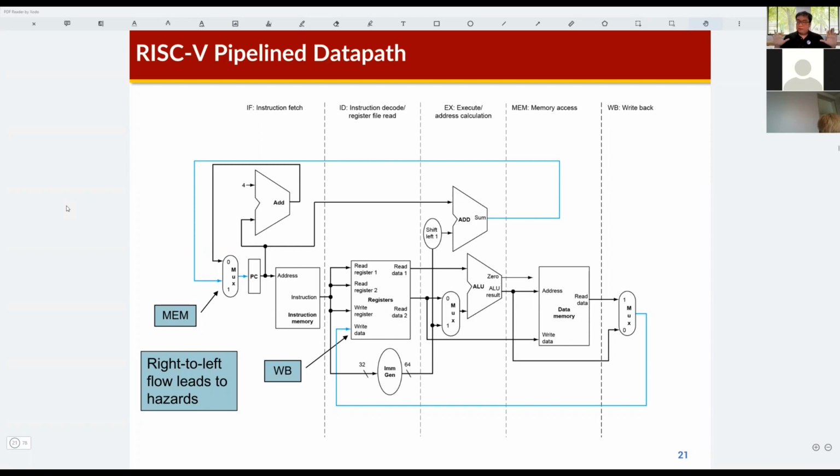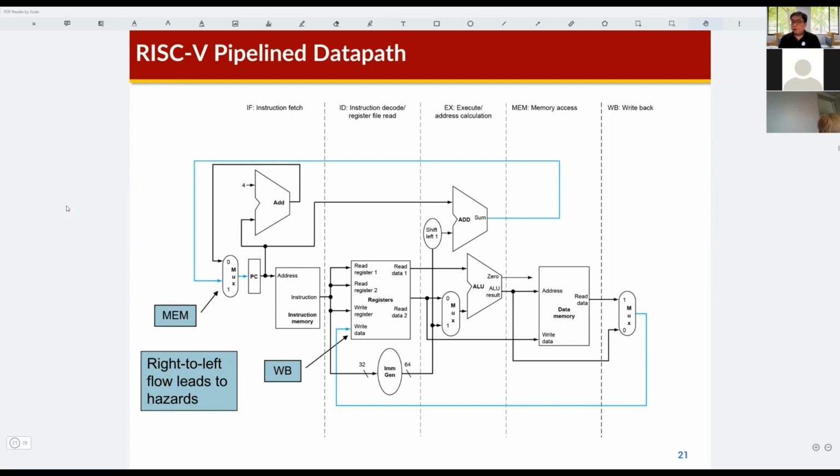Then by connecting the input and output of data path elements and control signals, we can complete the single cycle processor. The next step is to implement the pipelined processor, right? This slide shows the single cycle processor design.